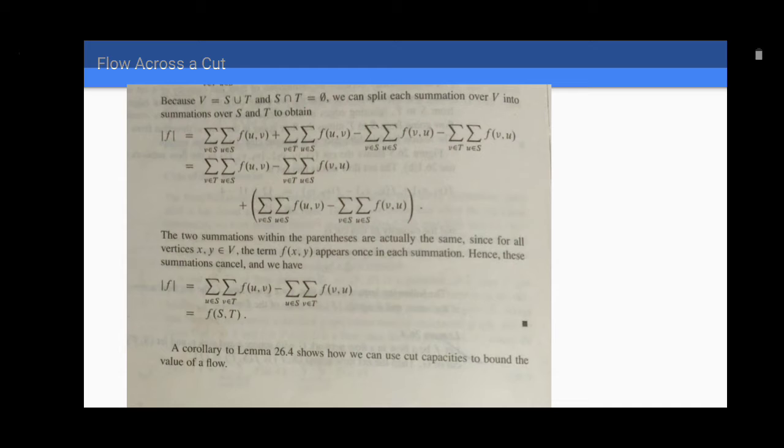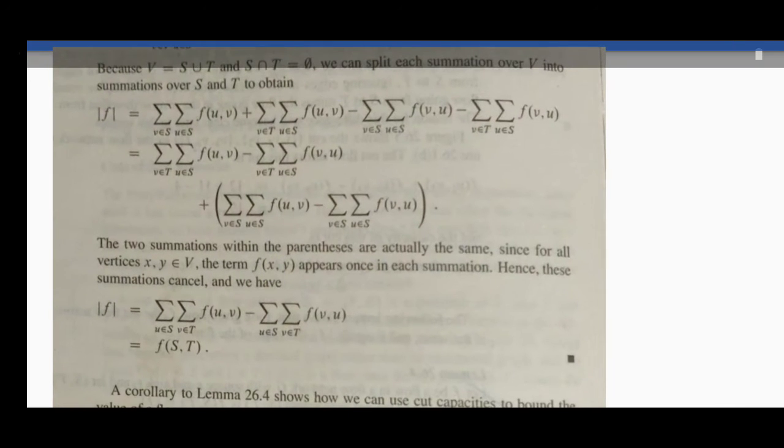Because V is S union T and S intersection T is null, we can split each summation over V into summation over S and T. So by doing this, we can write this equation, that is summation V belonging to S, summation U belonging to S, f of uv, plus summation V belonging to T, summation U belonging to S, f of uv.